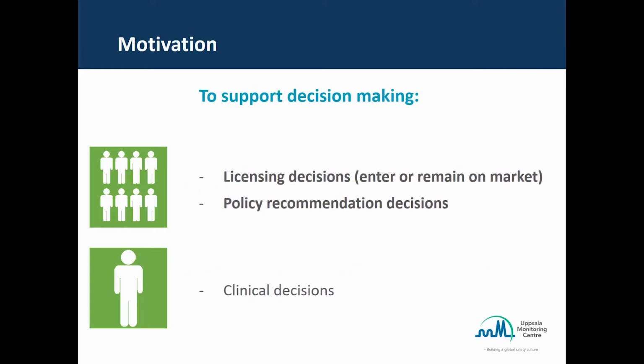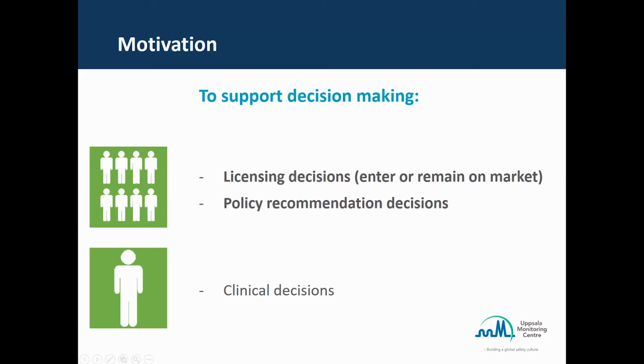A very relevant question is why benefit risk assessment is important. Most often it's used to support some kind of decision making. And at the population level, as you see up here, those decisions typically concern licensing, that is, whether a medicine should be allowed to enter or remain on the market, or policy recommendations. At the individual patient level, clinical treatment decisions are the most relevant.